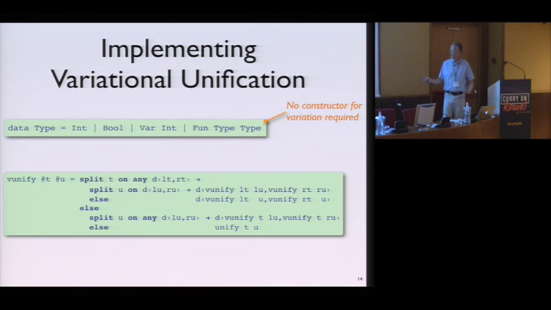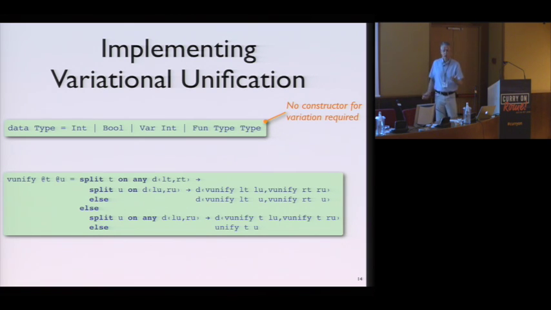And if we're successful, then we can unify recursively both parts, the left and the right parts of T and U. Otherwise, if U does not contain D, then we have to unify the left and the right part with U as a whole. If T doesn't contain any variation, U might still contain variation, and we get a mirror case of the second case.